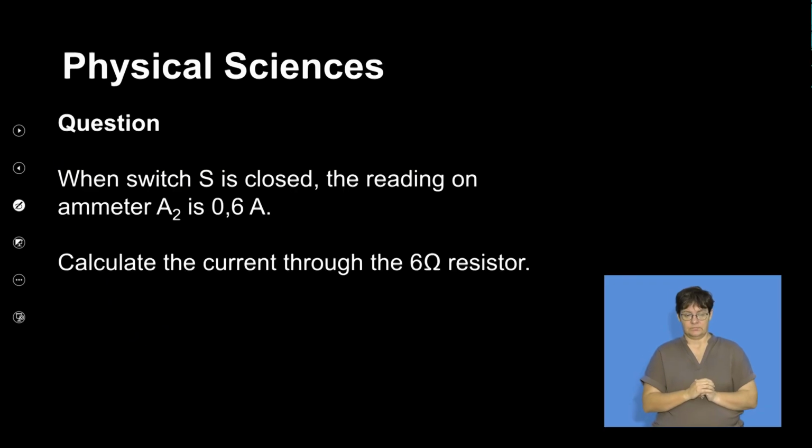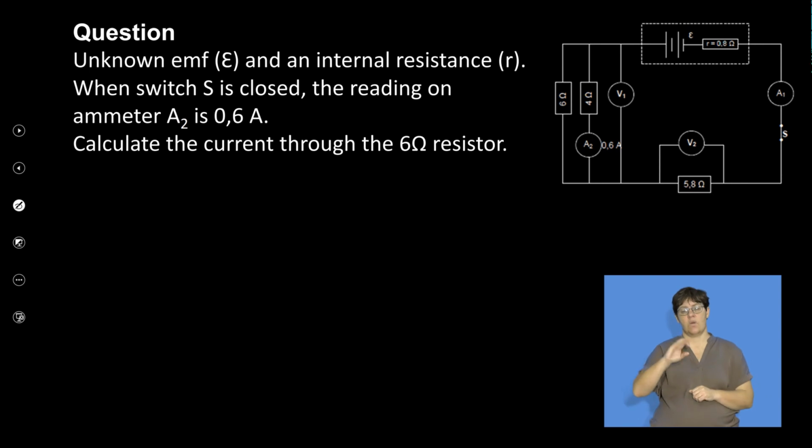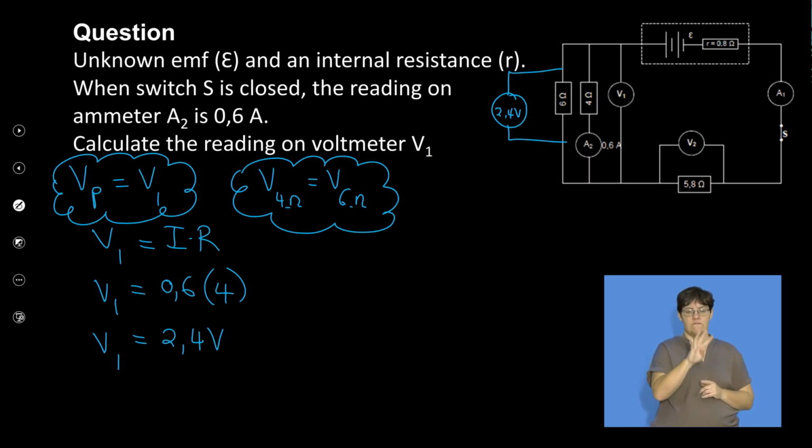Then there is a follow-up question that when switch S is closed, we're still saying the reading is 0.6 on ammeter A2. Now we want to calculate the current passing through the 6 ohm resistor. There is a fact that we have established, that V1 is equal to V across 6 ohms, which we obtained to be, just to confirm, 2.4 volts.